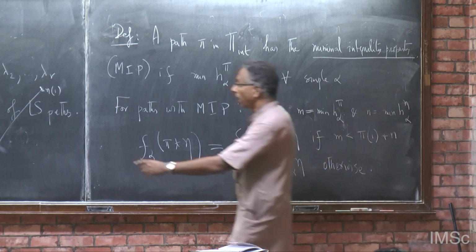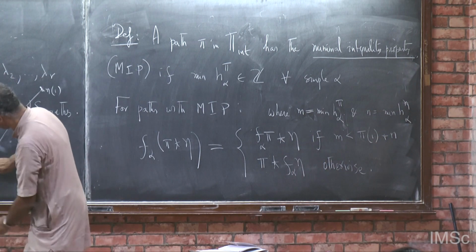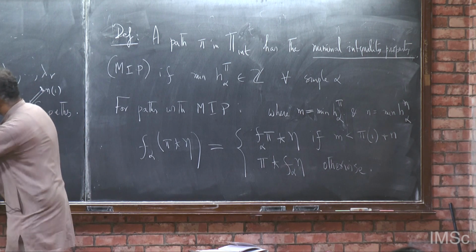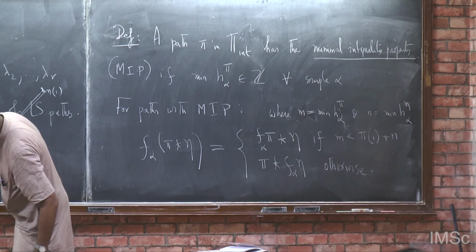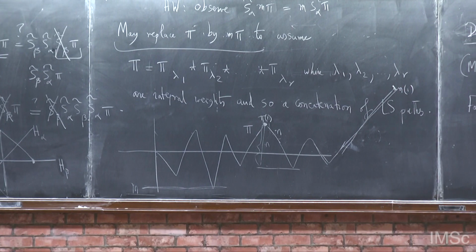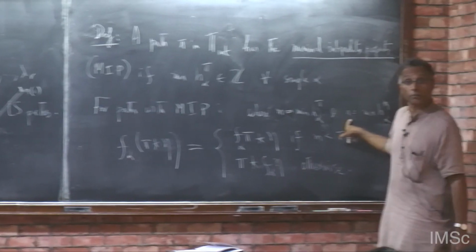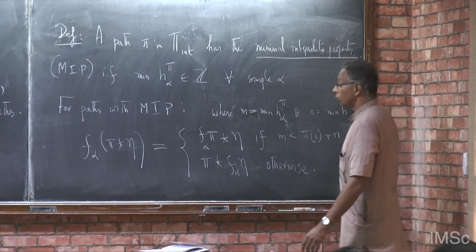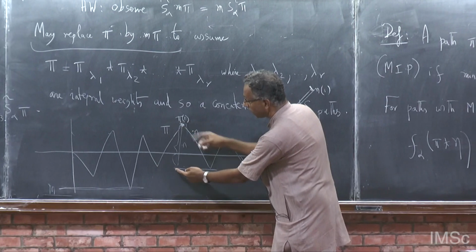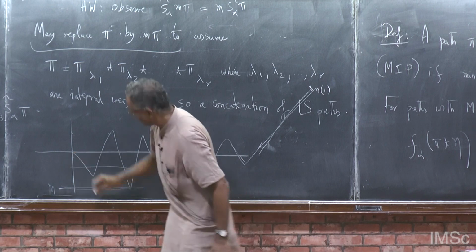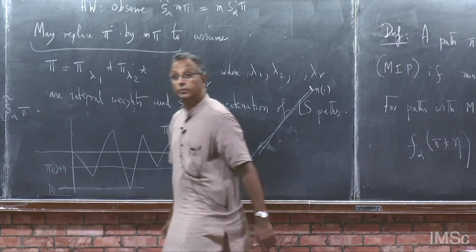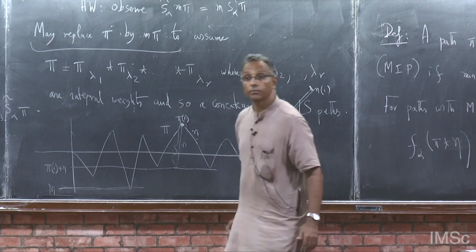So pi 1 plus n is this point. Remember, n is the minimal for the second one, so this distance is n, and pi 1 plus n is exactly this point. You agree? That level on the y-axis.